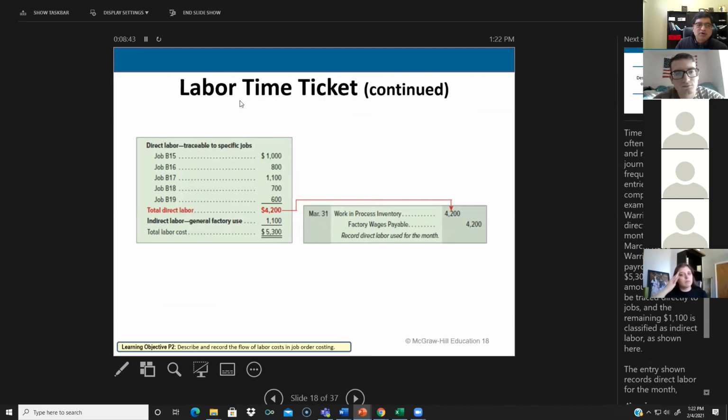For the direct labor from the labor time tickets, these are the jobs on which this amount of labor has been spent. So work in process debited by 4,200, factory wages payable credited by 4,200. Again, we are starting to accumulate the material and labor. Next, we have dealt with direct material, we have dealt with direct labor.